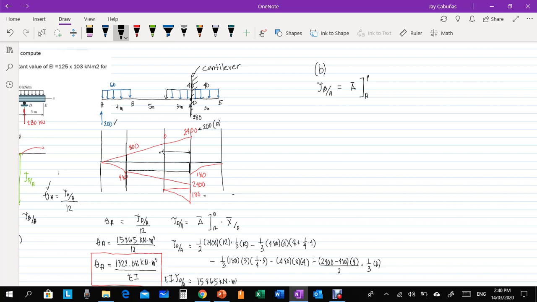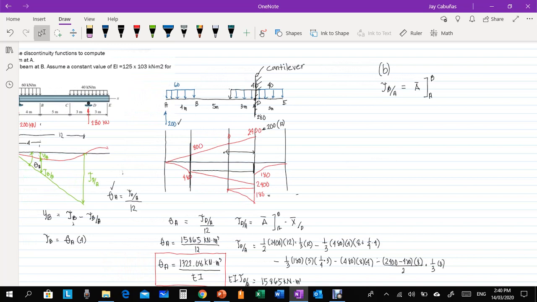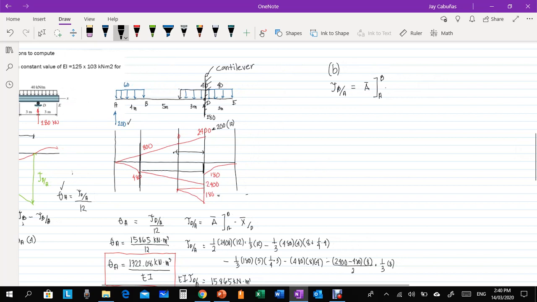A to B is our boundary, right? Just A to B, times the centroid from tangent line P. That is just ratio and proportion: 2,400 divided by 12 is equal to 800 over 4. So we get the 800 using ratio and proportion.